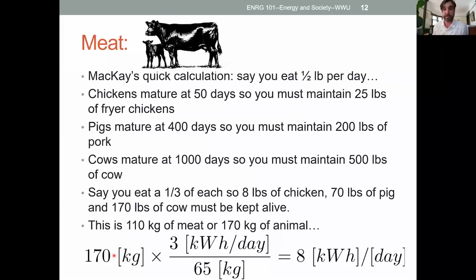And if it was 1,000, like an elephant or something, it would take far more. And so to maintain this 170 kilograms of livestock, you are indirectly consuming 8 kilowatt hours per day. So somewhere, a chicken farm in Skagit Valley and a horrible beef lot in Bakersfield, California is burning energy to satisfy your dietary needs.